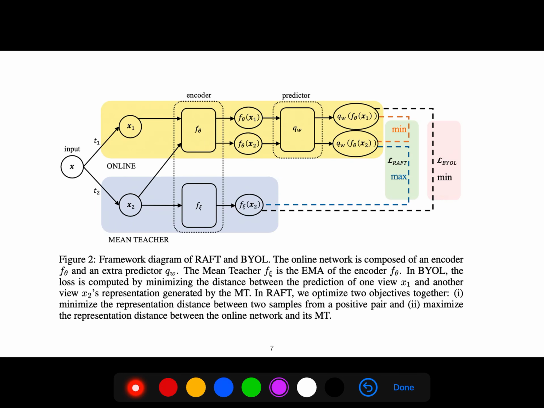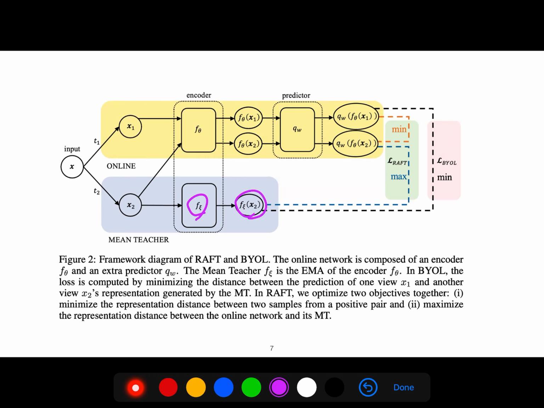And this is the architecture of RAFT and BYOL. The online network is composed of an encoder f theta and an extra predictor q. The mean teacher f psi is the exponential moving average of the encoder f theta.